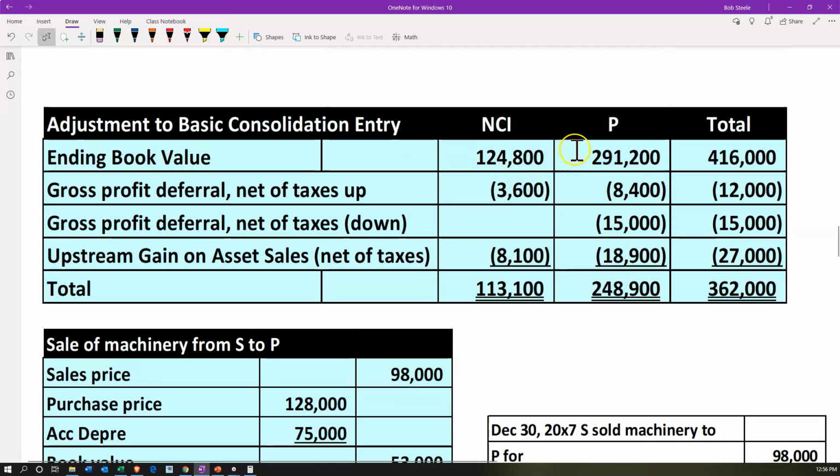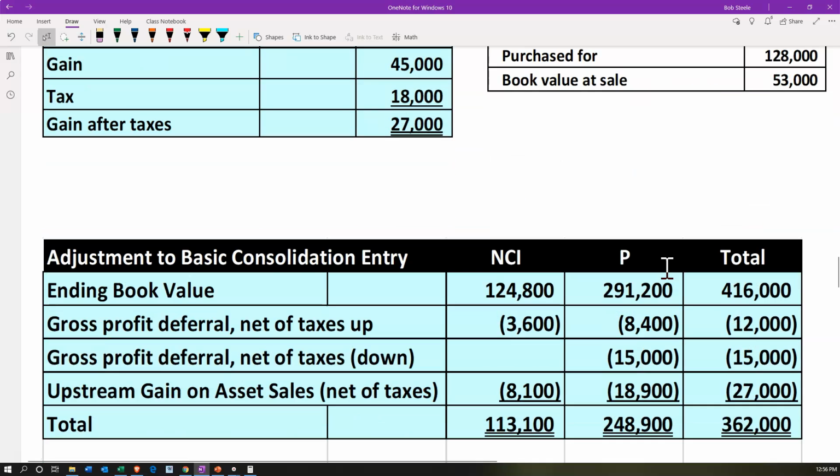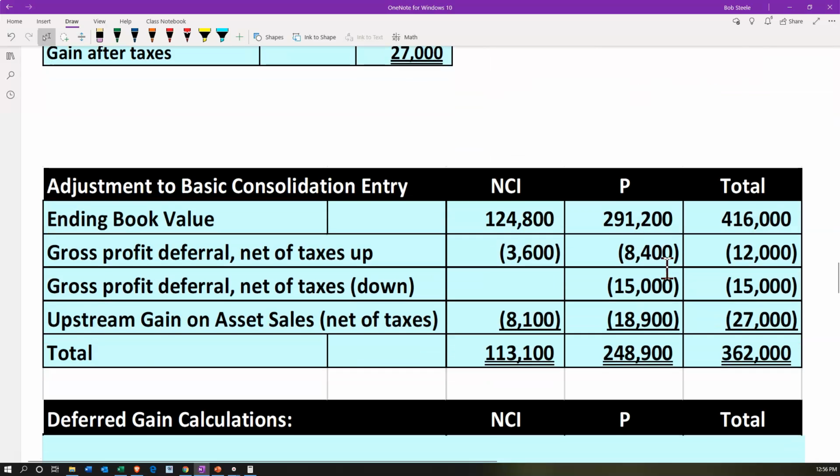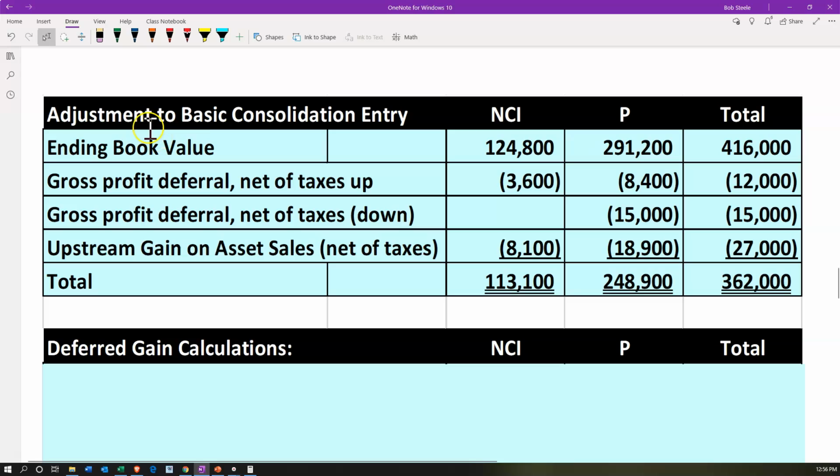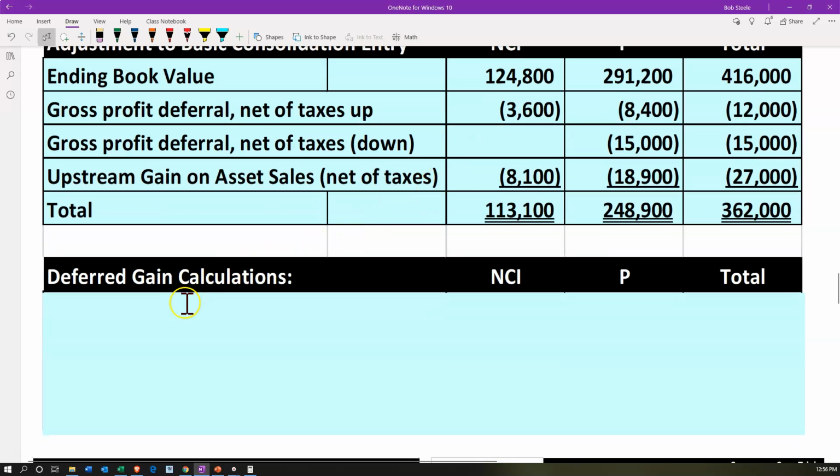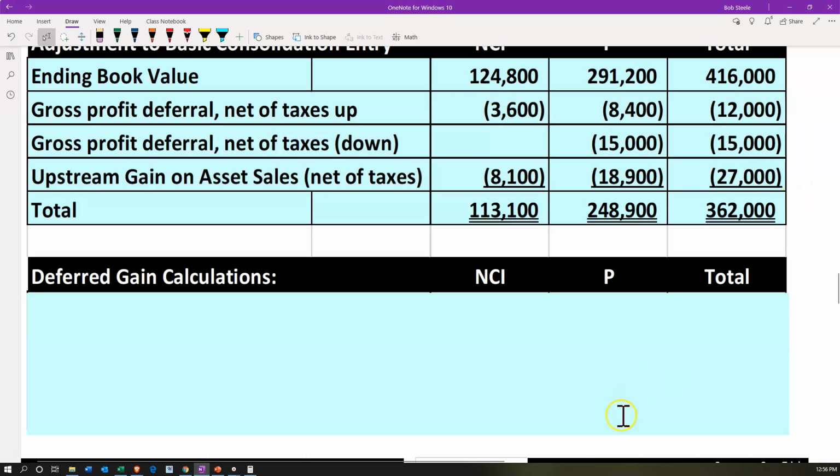Here's our original kind of first journal entry components, and then we've adjusted them to these bottom line numbers, simply summing up each of the columns. Okay, so then we have our similar kind of process down here. This is the same numbers we just looked at, same table, and we want to take a look at the deferral gain calculations, which basically we're taking the heart of this table here and recalculating it down below.